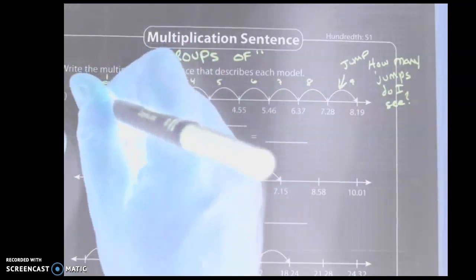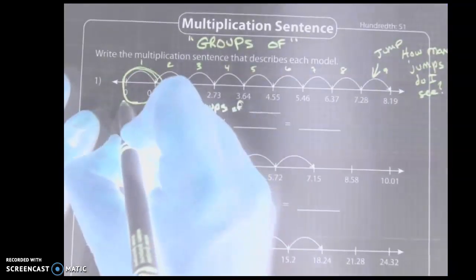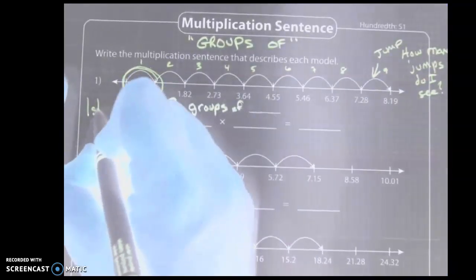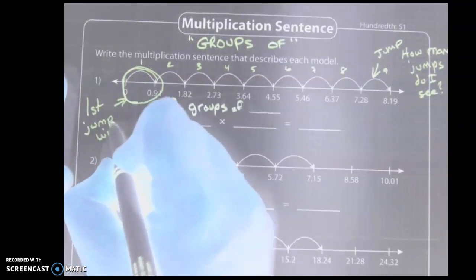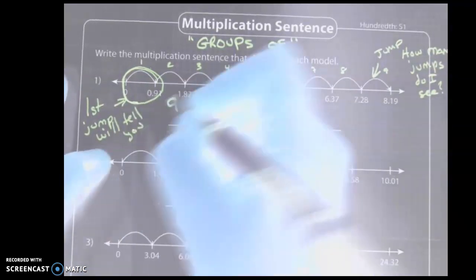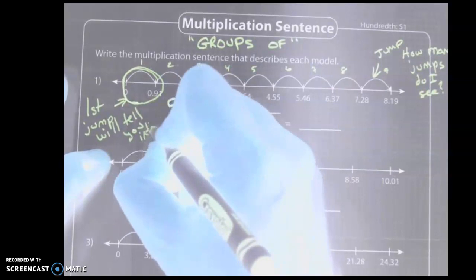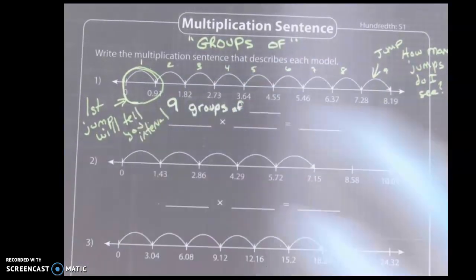Now, to find out what the group is, I want to look at this first jump here. Look at the very first jump. The very first jump will tell you the interval. It's going to tell you how much is in each group.